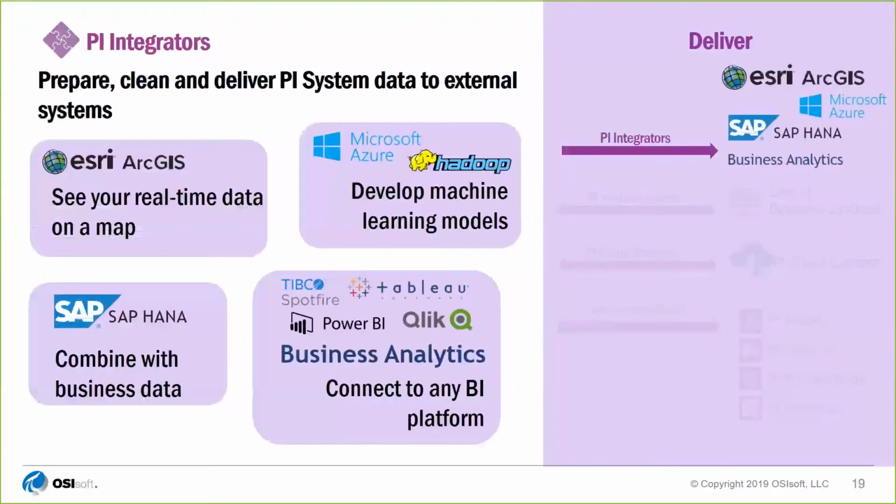And then again, for integrating data outside of the out-of-the-box PI visualization tools, there's the Esri integrator that lets you see your real-time data on a map out in the Esri ArcGIS system. You can integrate with machine learning, like Microsoft Azure or Hadoop.